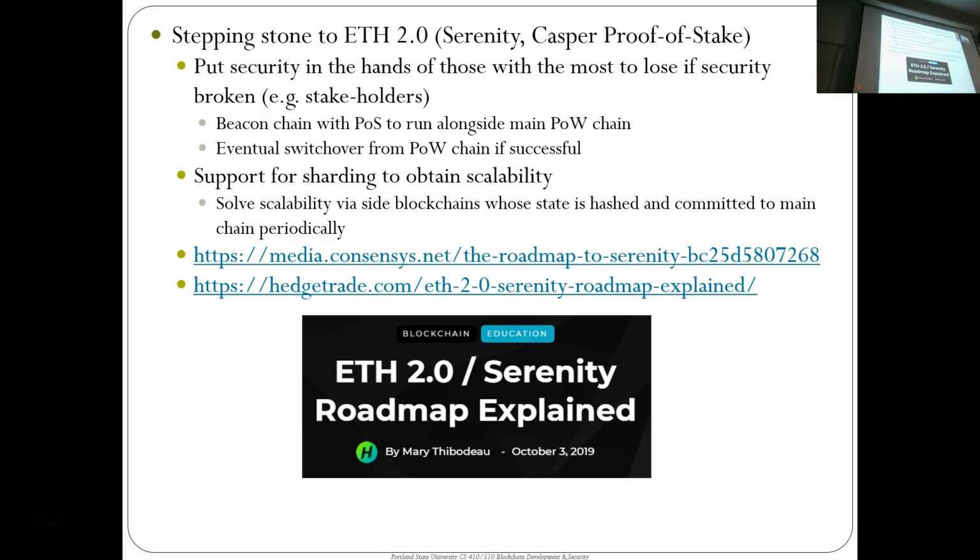So what they wanted to do is put security in the hands of those with the most to lose if the security is broken. This is where you're aligning incentives in a system. This is more of a social and a human nature thing. You want to make sure the people with the most to lose are given the responsibility for securing the blockchain. The miners, as it is right now, do have some incentive to make sure that the mining is done properly.